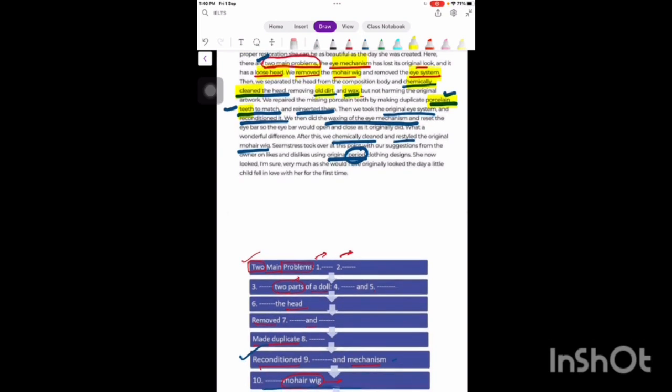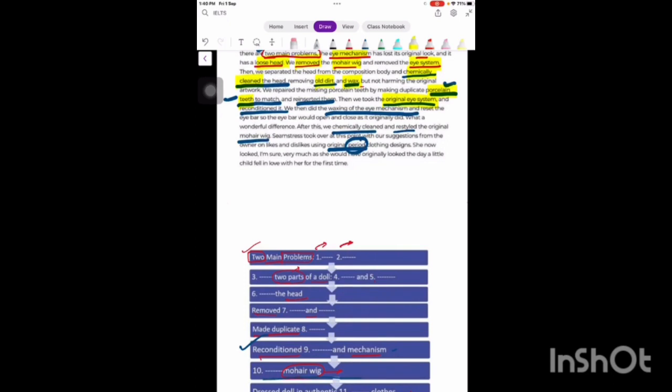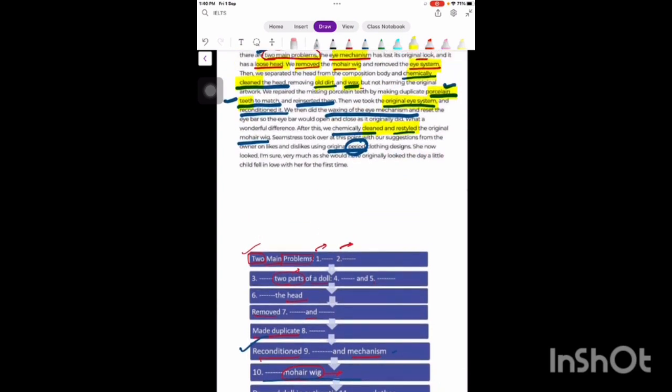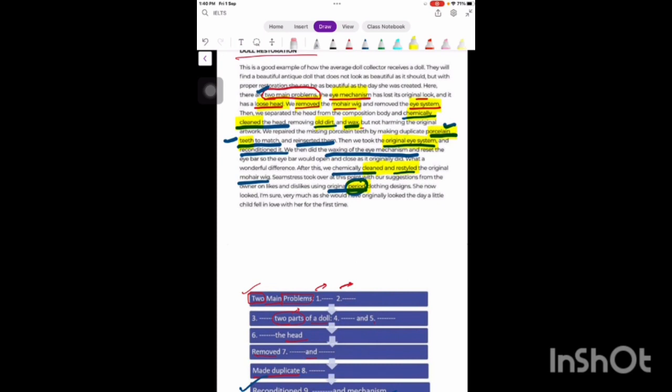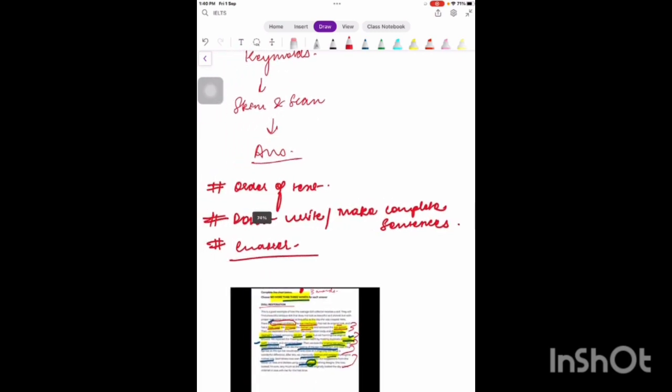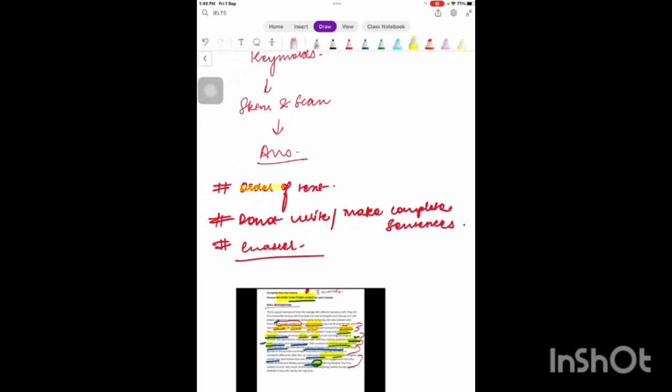Original eye system was reconditioned. Cleaned and restyled the mohair wig, and dress the doll in original period clothing. So you can see that all the answers were line by line. Each line, if you read, the answer was there. This proves that the answers are given in order of the text.